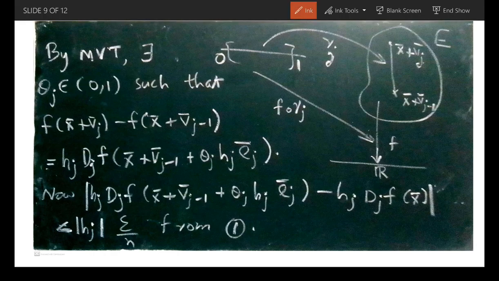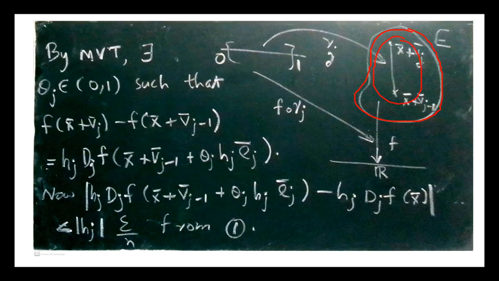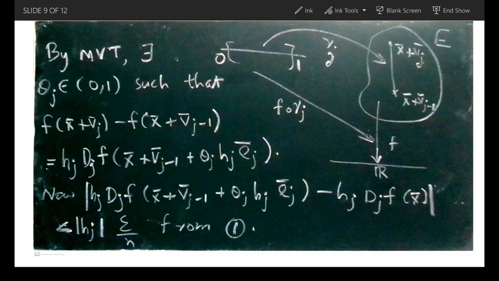Again I have drawn that figure once again. Here I have drawn E, not the ball S. S is sitting inside E. This is the line joining x plus vj minus 1 and x plus vj. Here I have not shown my x, and this is my parameterization gamma j as in the previous slide.